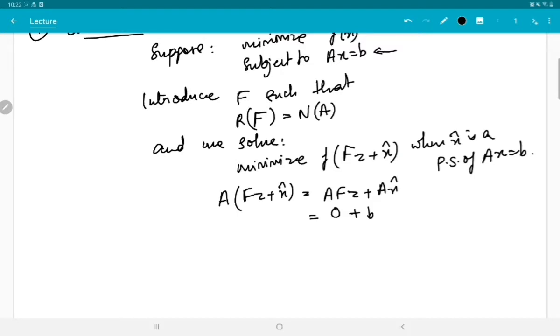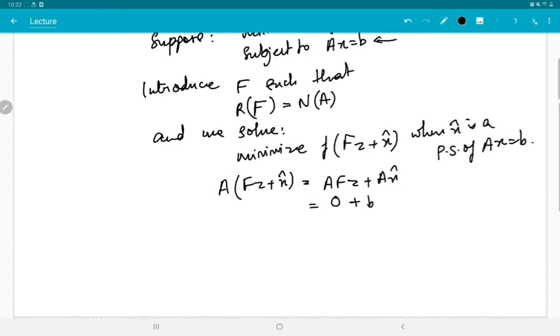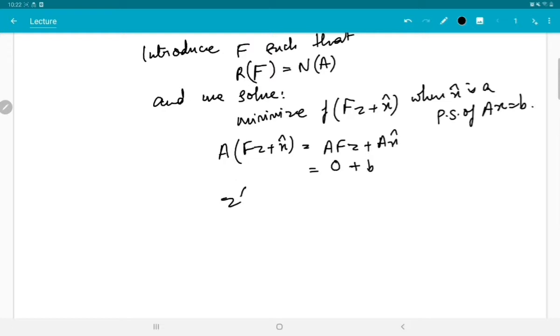It will give the same optimal value. When we do this minimization, we get some z star, the optimizer of this function. So we can trace back x star as F z star + x hat.